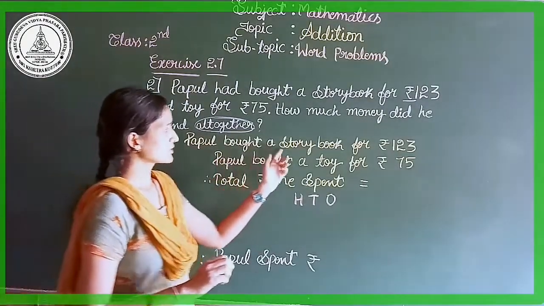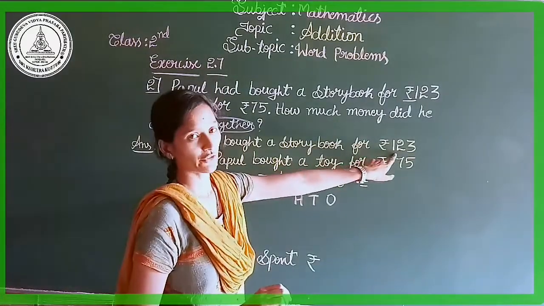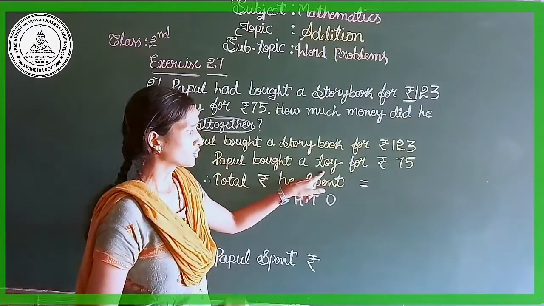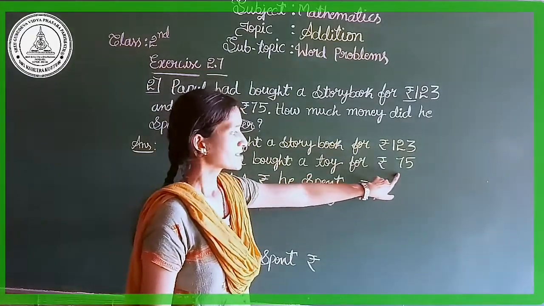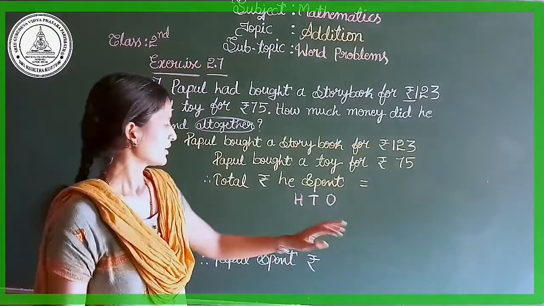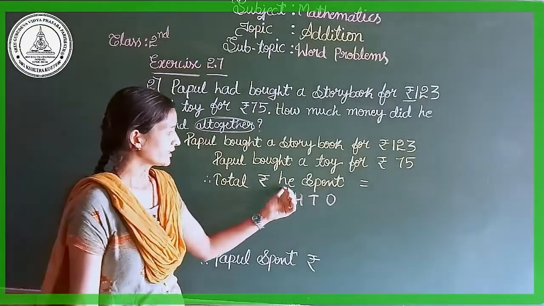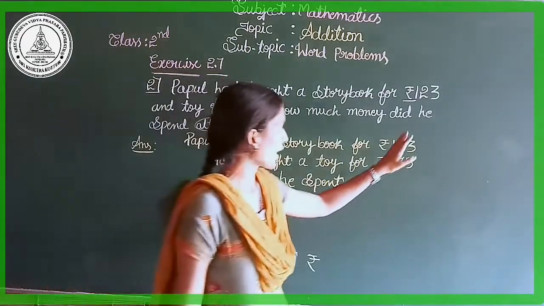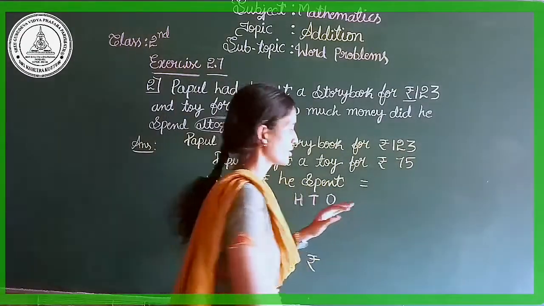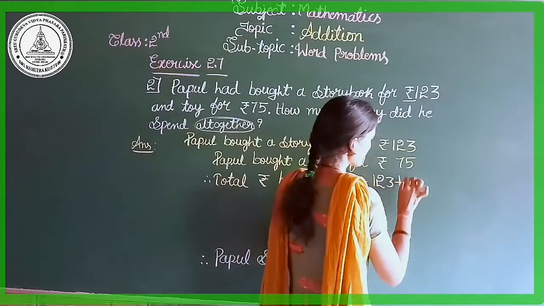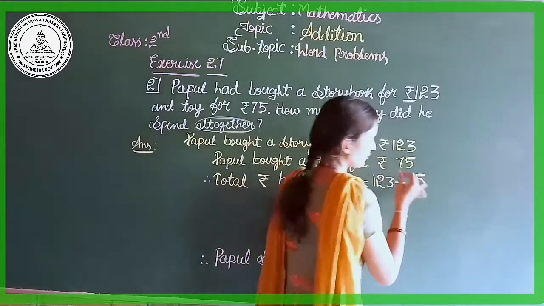Okay. So let's find out the total money. Papul bought a storybook for rupees 123 and also he bought a toy for rupees 75. So let's find out the total money. Total rupees he spent means you have to add these two numbers. So those are 123 plus 75.